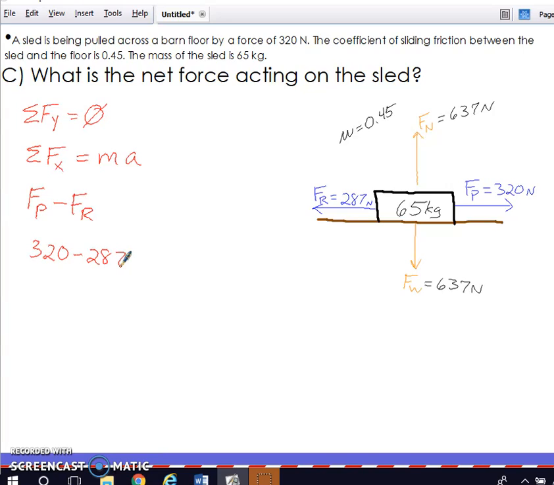Okay, so 320 minus 287, do it in your heads. We get 33. Okay? Therefore, the net force on this box, or on this sled, is 33 newtons. Question answered. Let's move on.